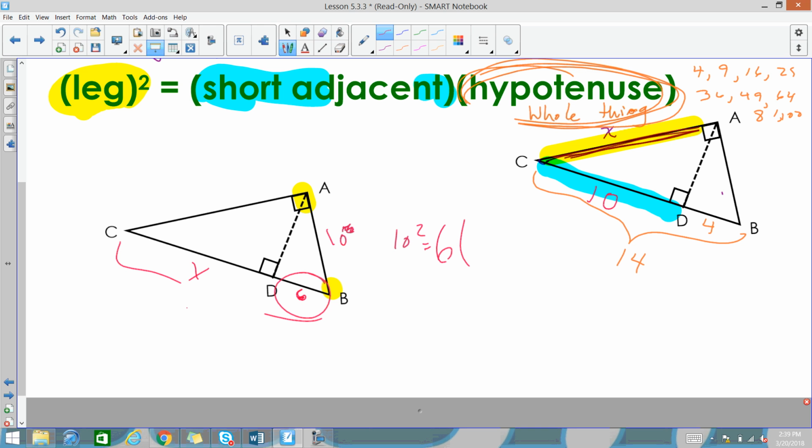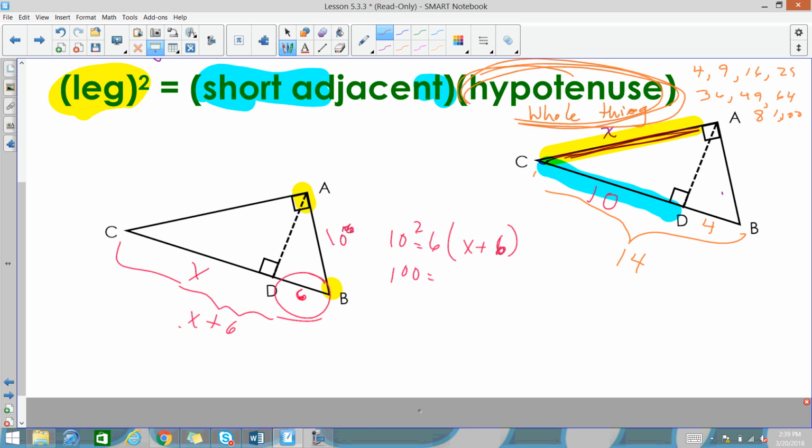So it's 10 squared equals 6 times x plus 6. I hope you guys are understanding this.